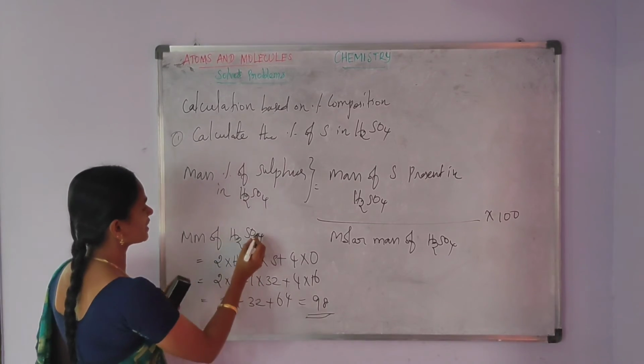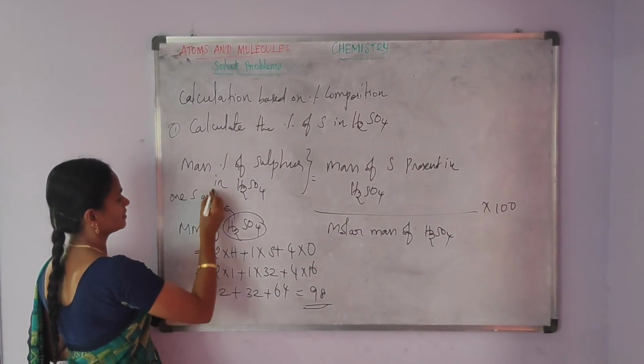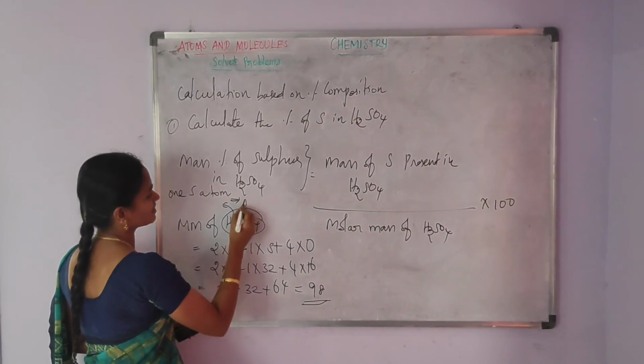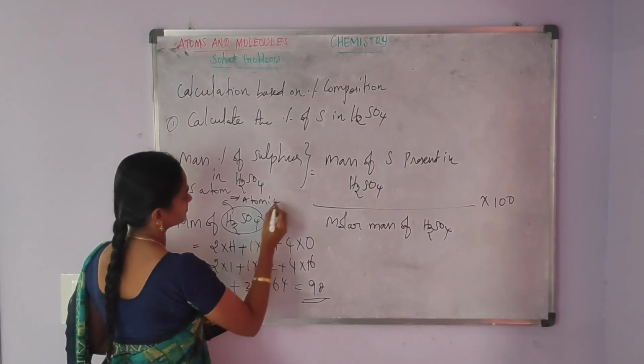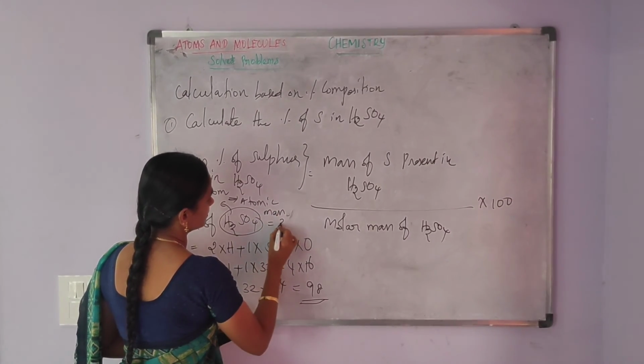Sulfuric acid contains 1 sulfur atom. Its atomic mass is 32.